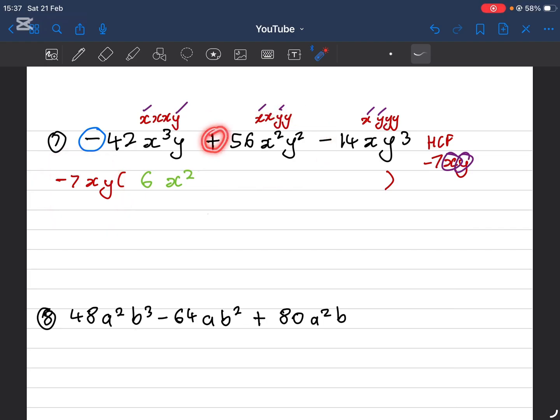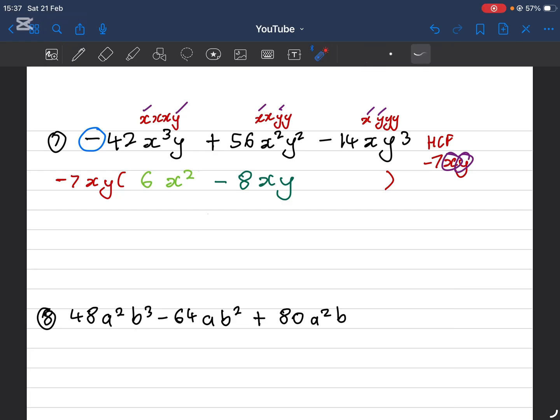Next, this divides by this. A positive divided by a negative is a negative. Then you've got 56 divided by 7, which is going to give you 8. X squared divided by x is x, and y squared divided by y is y. So negative 8xy.